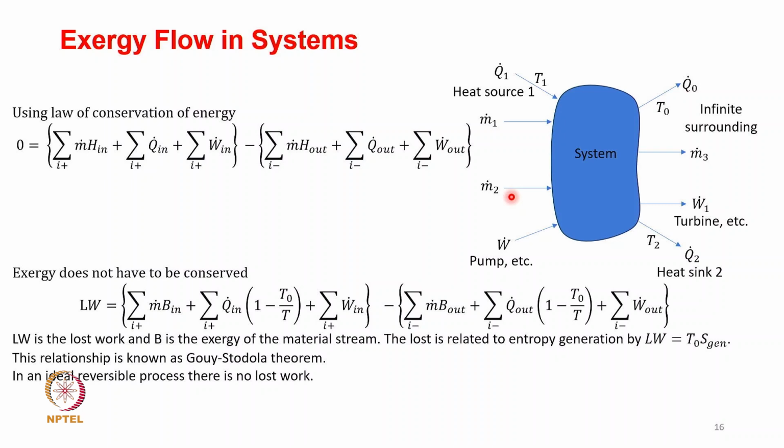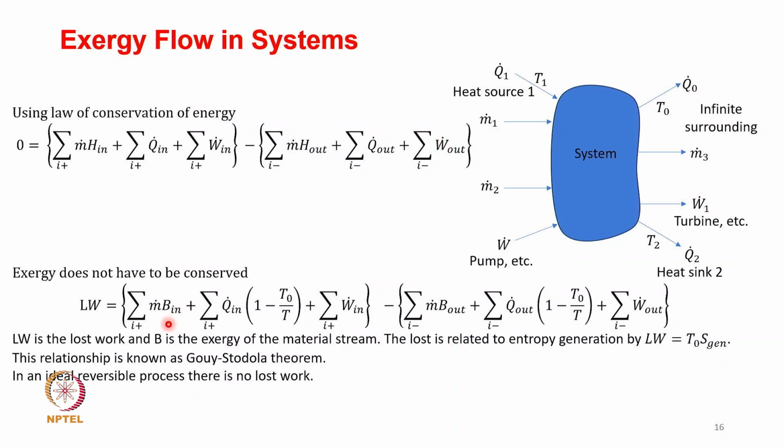By the law of conservation of energy, it is very clear that m times H in, Q in plus W in will be equal to m times H out, Q out, and W dot out. The dot indicates that it is a rate. So, this is the law of conservation of energy.